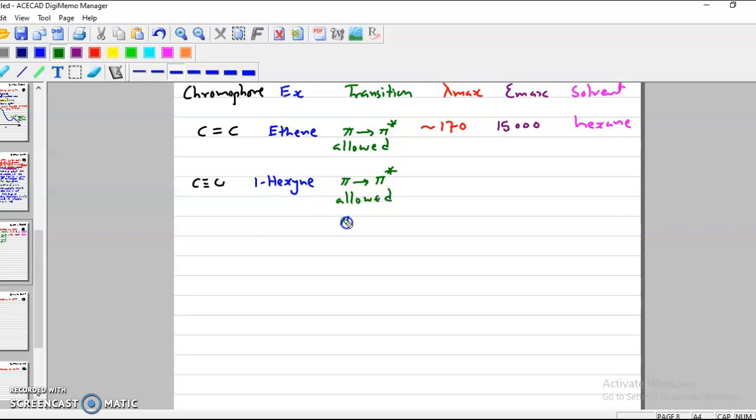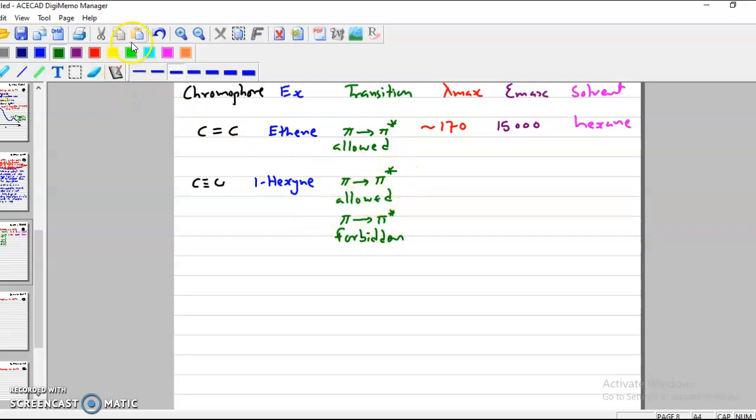The second pi to pi star transition will be forbidden because it is out of plane. You know, there are two pi bonds perpendicular to each other. So one will be out of plane, another is in plane.